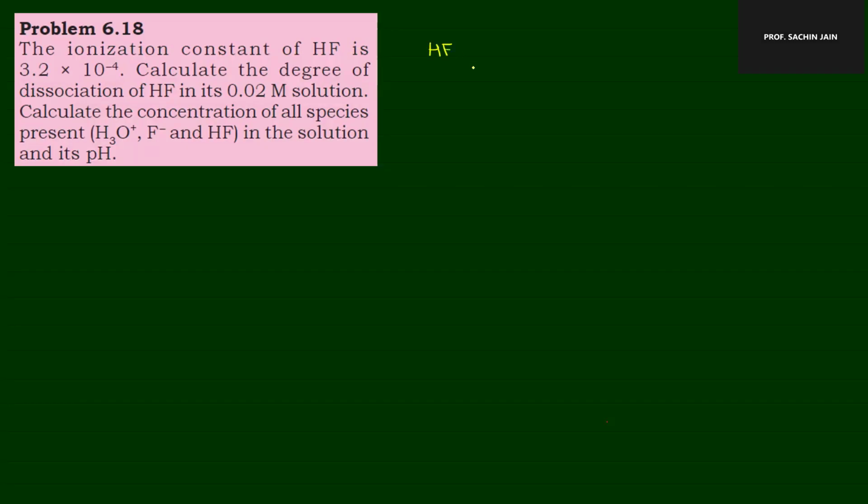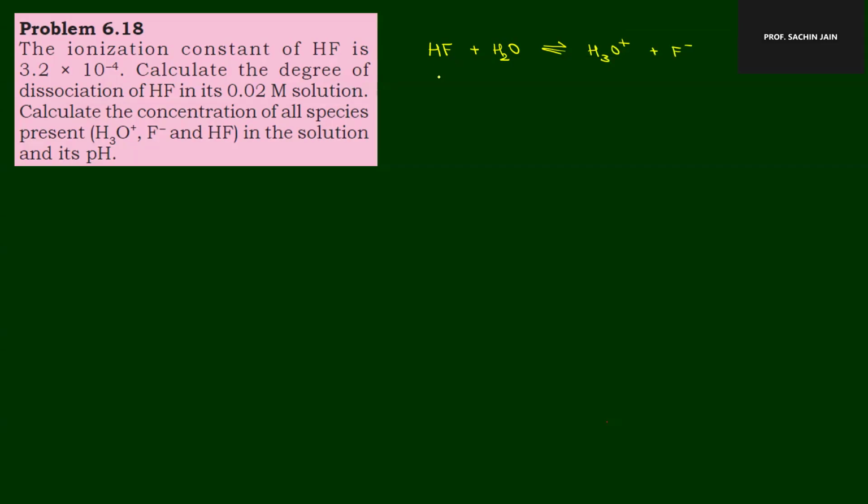HF is a weak acid and in water it will dissociate partially to give H plus and F minus. But H plus with the water exists as hydronium ion and the conjugate base is F negative.